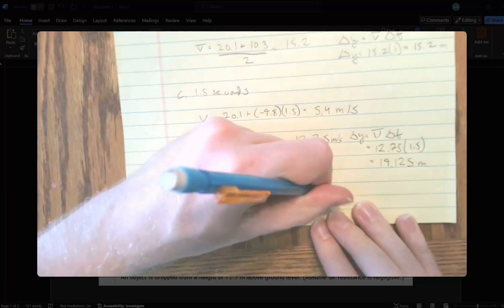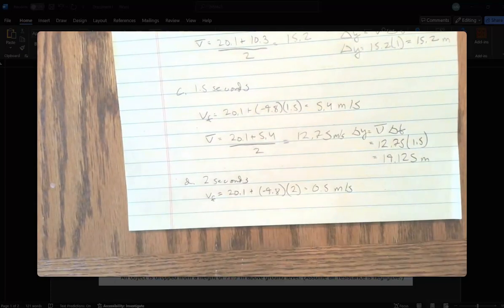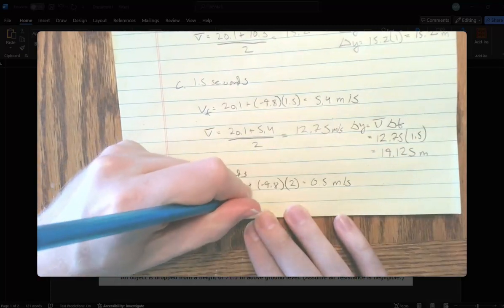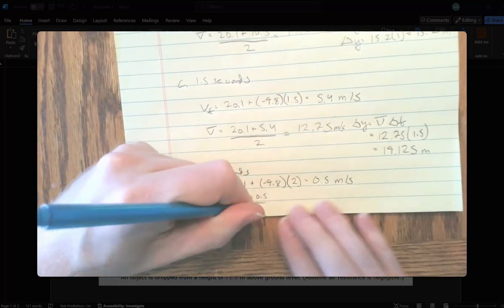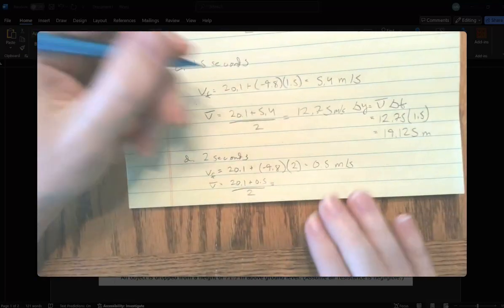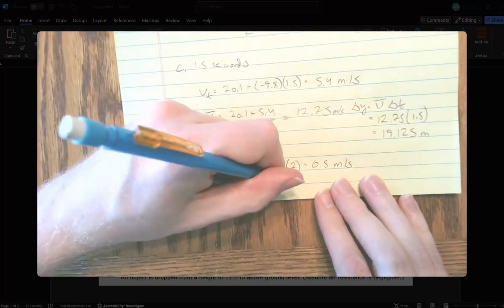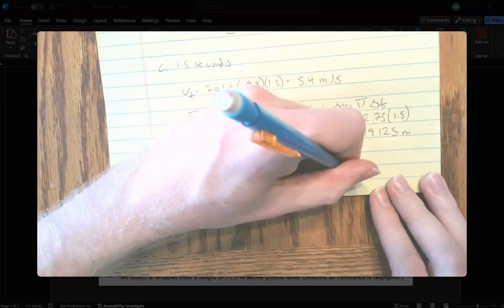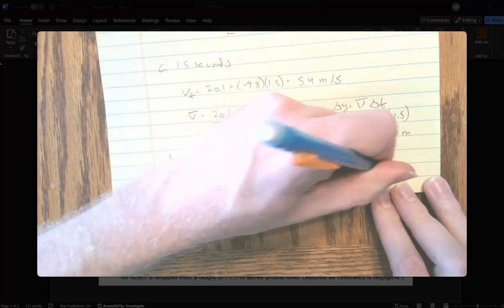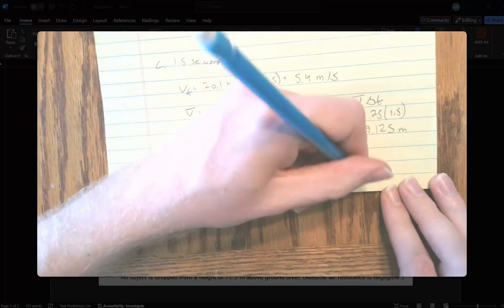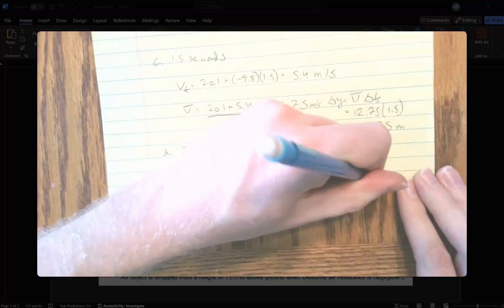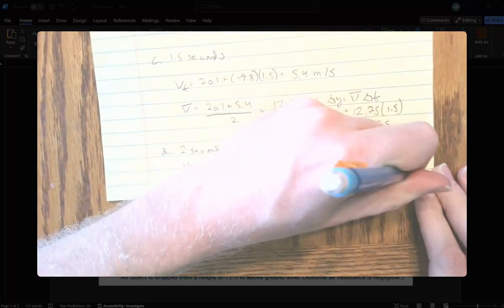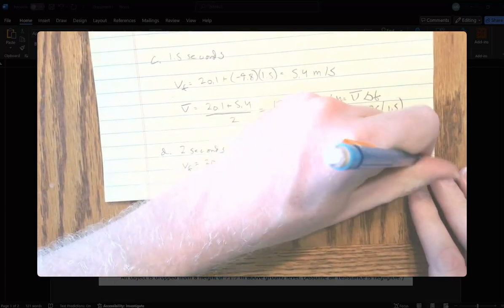And I get 0.5 meters per second for my final velocity, which again, my average velocity is 20.1 plus 0.5 over 2, which would be 20.6 divided by 2, so that would be 10.3. Again, change in position is equal to my average velocity times the change in time. So you have 10.3 times 2, which is 20.6 meters.